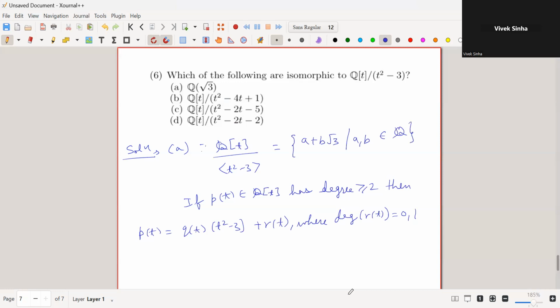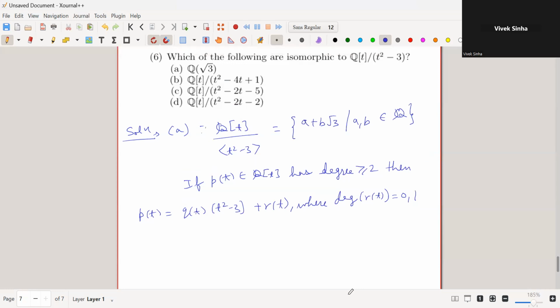Okay, and that is same as the polynomial. So one evaluation map we have seen, right? The one sending p(t) to p(alpha). So that is what this is. So you are sending this r(t) to r(root 3), which is the root of t square minus 3.